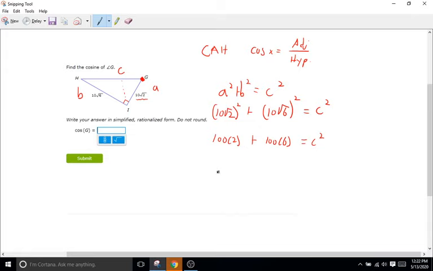So we'll distribute, and it's 200 plus 600 equals c squared, or just 800 equals c squared. And so now we don't want to find c squared, we want to find c. So we got to take the square root of 800.